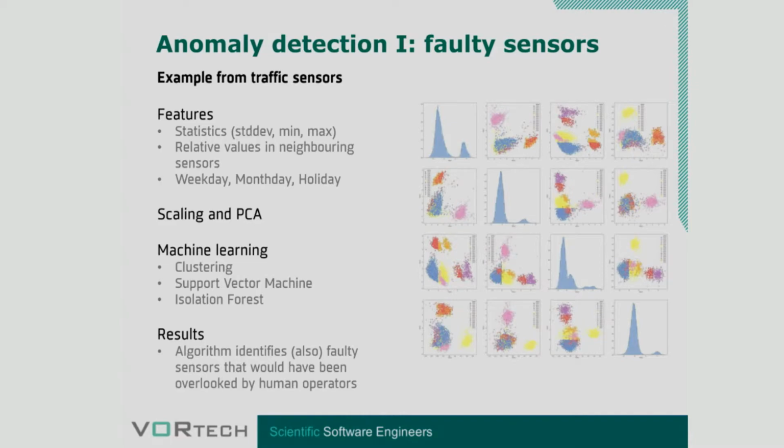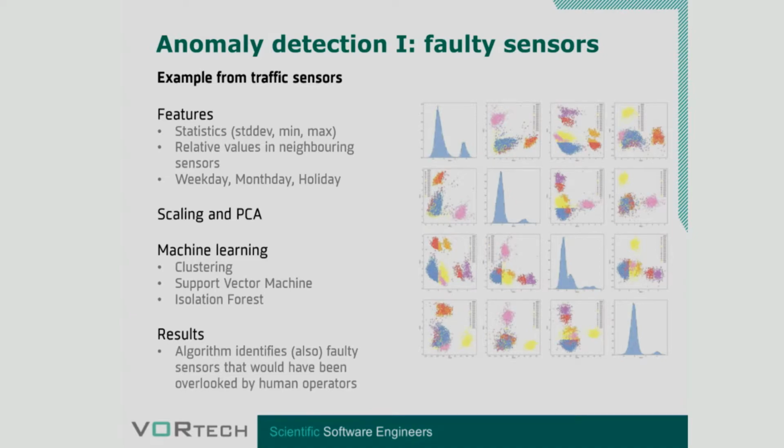So the features that we collected are the statistics of the traffic data, also the relative values between neighboring sensors, and also sorts of context data like the weekday, the month day, whether it's a holiday or not. And altogether, in the end, we had some 100 features, I would say. So 100 data items per sensor per time step that might have some information about whether the sensor works properly or not.